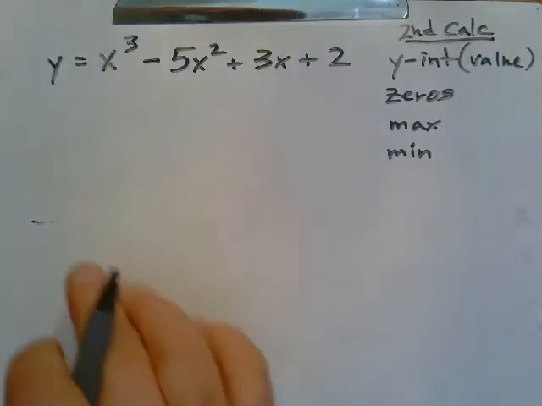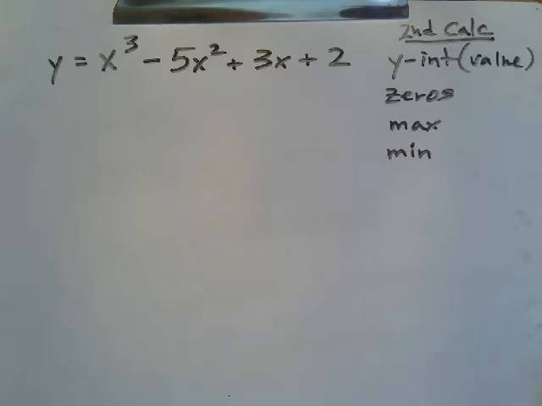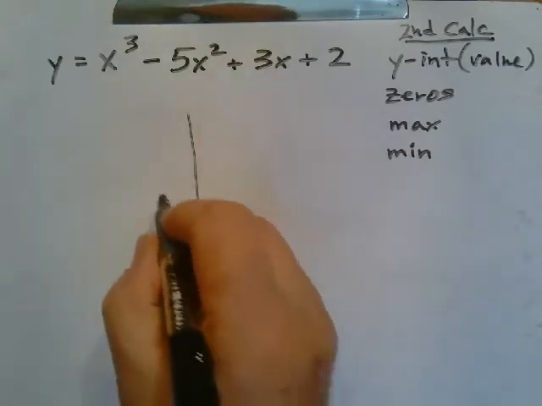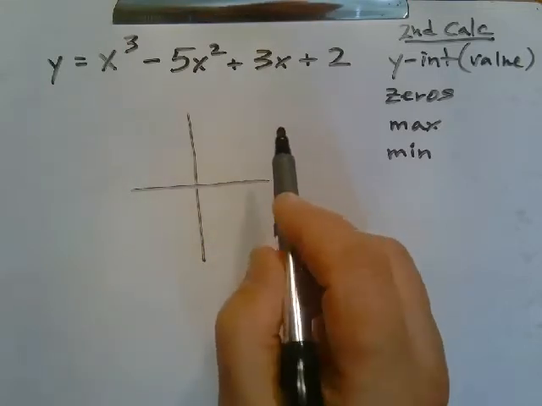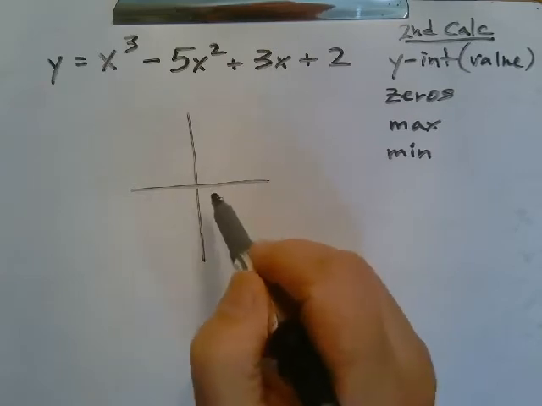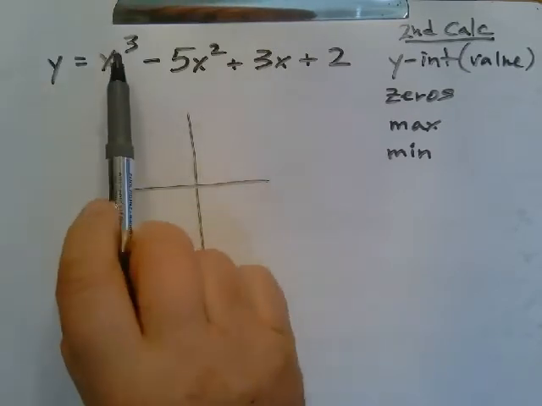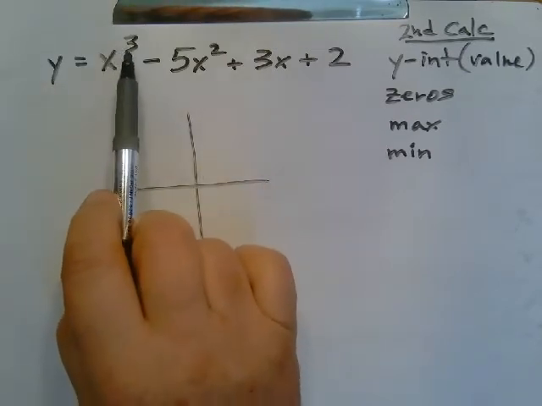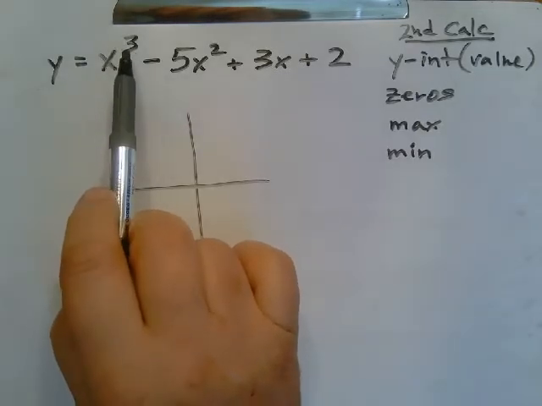Now, before I show the calculator and what we've got for a picture here, let's make a prediction of what this looks like. I'm going to make a sketch here real quick of what I think is going to happen in the end behavior. I'm going to erase this in a second, but I want to see the end behavior. Notice this is a cubic function, a 3rd degree polynomial. In other words, it's an odd function.